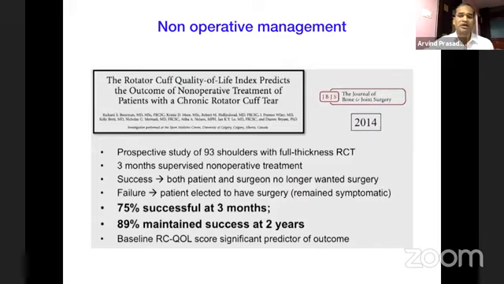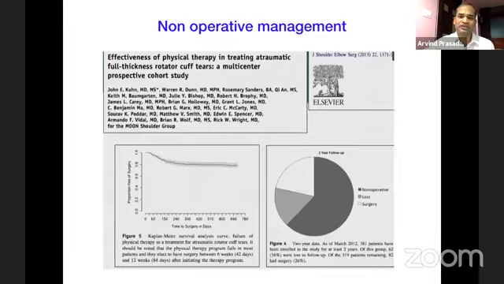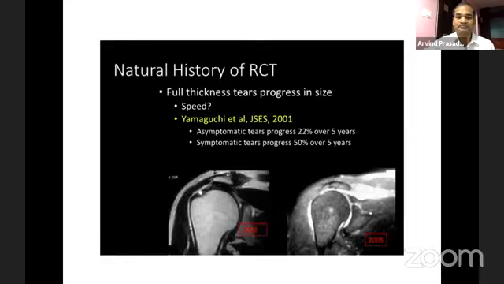And about the conservative treatment, the chronic atraumatic cuff should be managed conservatively. JBJS 2014 says very good results, almost 89% success rate at the end of 2 years. Another paper, a multicentric cohort study, again says 85% satisfaction rate with atraumatic chronic cuff tear.